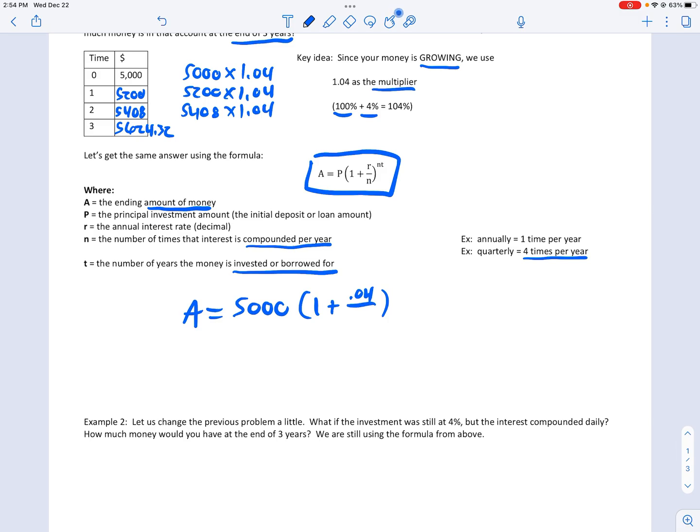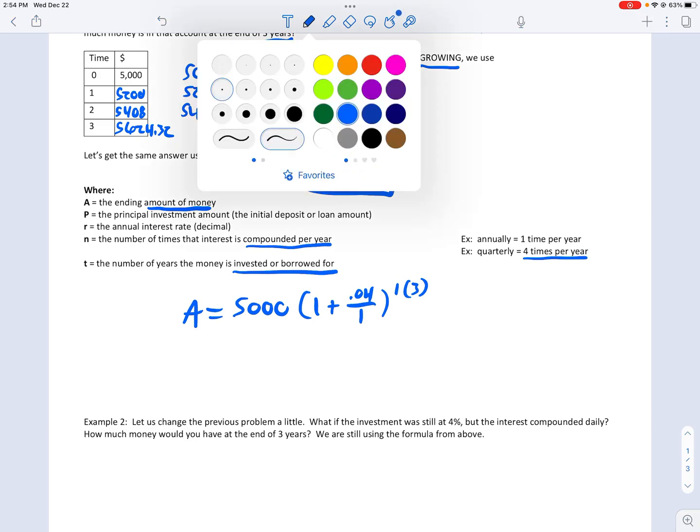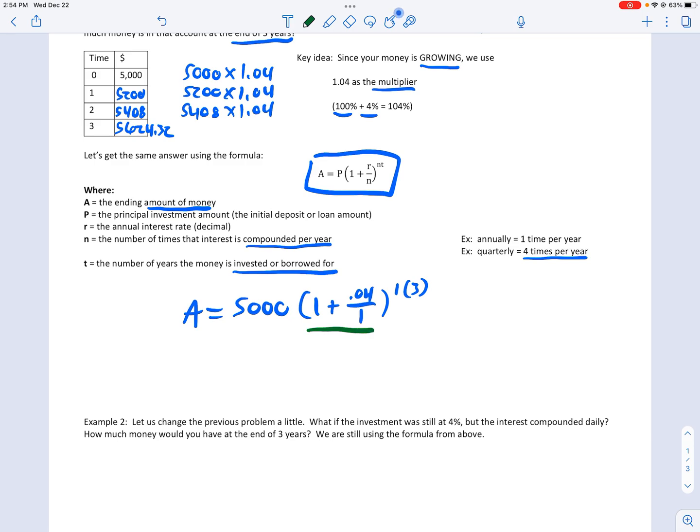N is the number of times it's compounded per year. It was once, so then you have 1, and then T was 3. So how this works in a calculator: first I would do 1 plus 0.04, so that would be 5,000 times 1.04 to the third power.